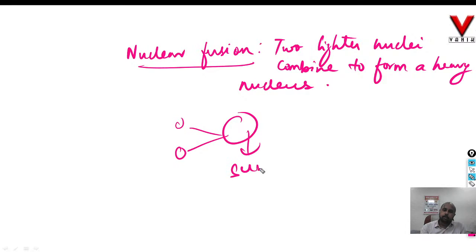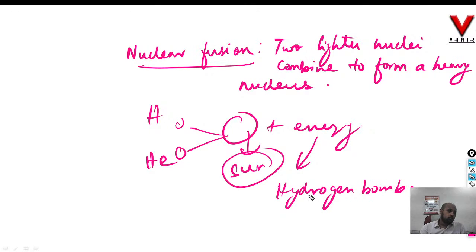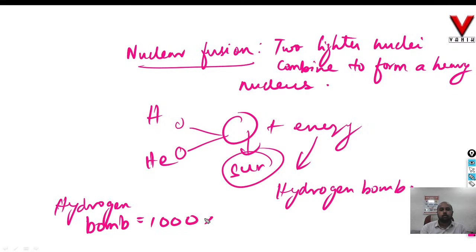This is happening in the sun. Hydrogen combines to form helium plus energy. So this is used for making hydrogen bomb. And hydrogen bomb is 1000 times stronger than atom bomb.